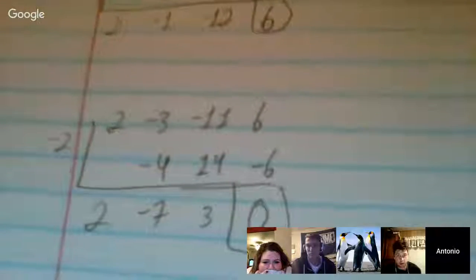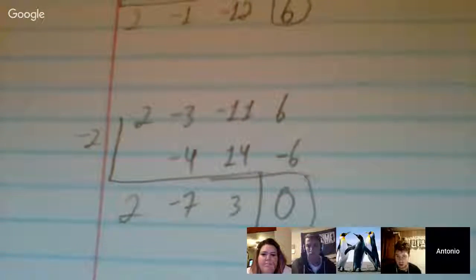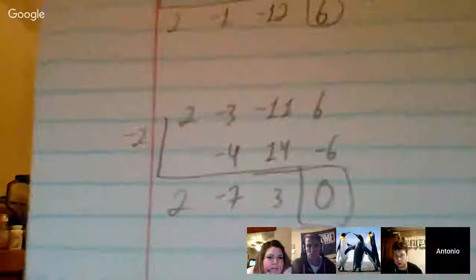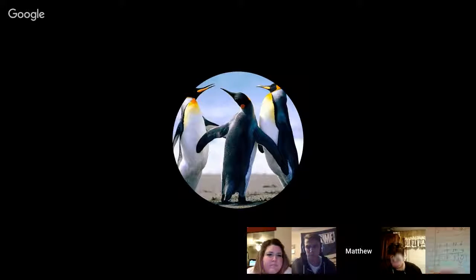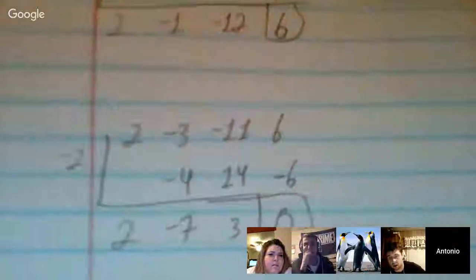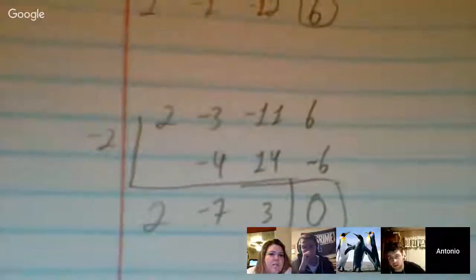So what I did for the -2, it's the one on the bottom. Can you see that at all? Yeah, we can see it. Because down here I got the 0, that actually would be a zero of the function, and you can take that -2 and put it back in, and it'll equal 0, and that's how you can tell. Okay.